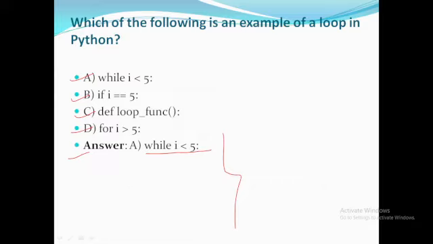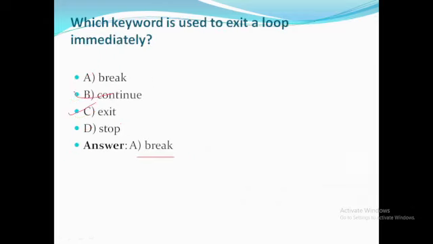We know that we have while loop, do while loop. If we see these syntaxes, while i less than equals to 5 seems to be correct because the others have some errors. We are not writing if i equal 5, and we are not writing define loop function. The method to define is different.